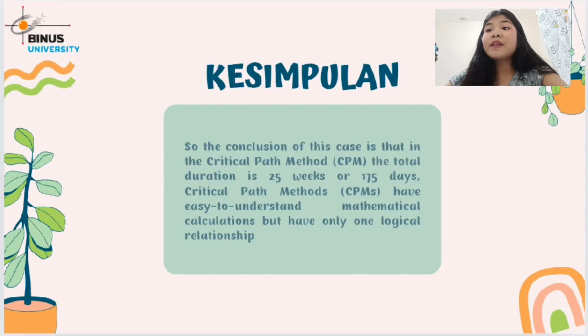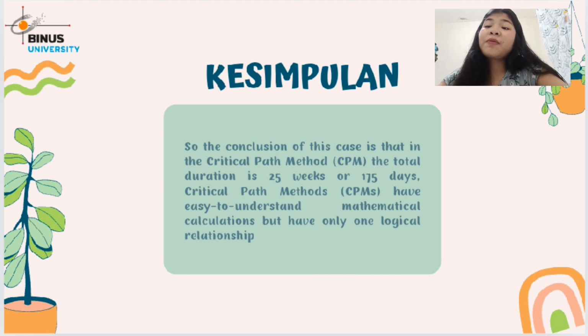So, the conclusion of this case is that with the critical path method, or CPM, the total duration is 25 weeks or 175 days. The critical path method has a mathematical calculation that is easy to understand but has only one logical relationship. CPM can provide valuable insight into how to plan a project, allocate resources, and schedule tasks.